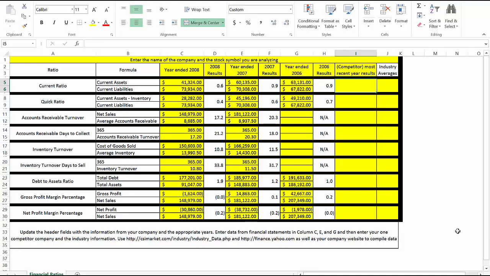And then our gross profit margin, which is taking gross profit divided by net sales, you can see that from 2006 to 2008, the gross profit margin has completely eroded, and the net profit margin has been a loss for all 3 years. Now, since a company will report quarterly, there are also quarterly reports that they publish. It should be no surprise that by 2008, this company went under.